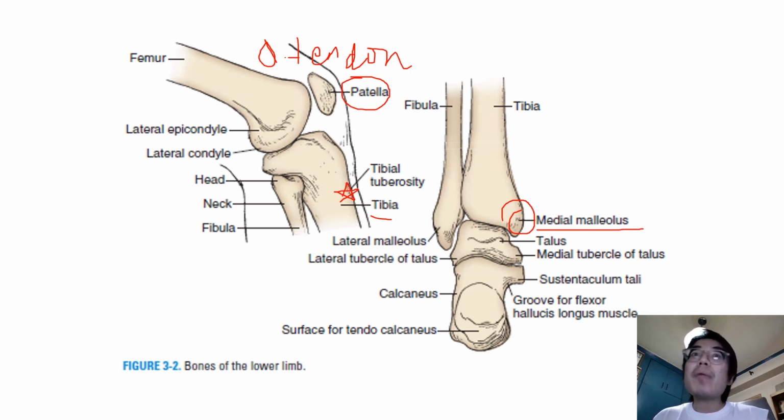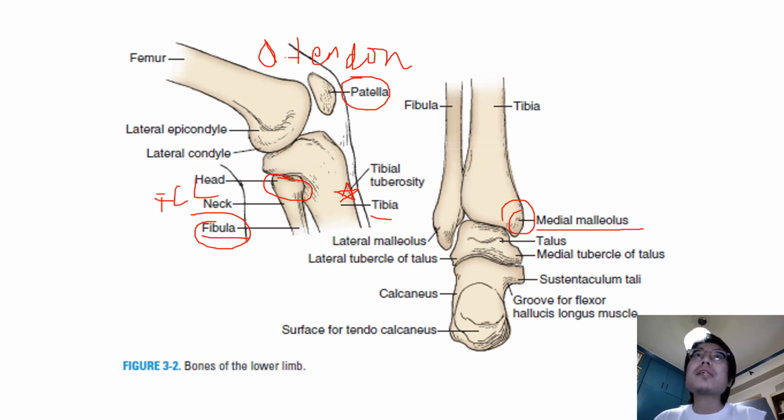The thinner and smaller of the two is the fibula. The fibula actually has no function in weight bearing, but it serves as an attachment for several muscles. Superiorly, it has a head, also known as the apex, that provides attachment for the fibular collateral ligament of the knee.